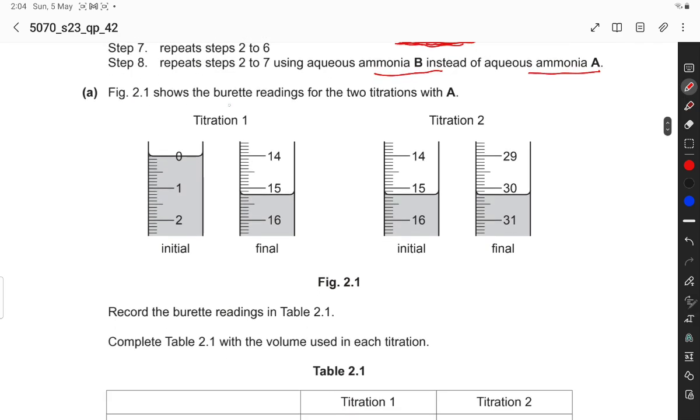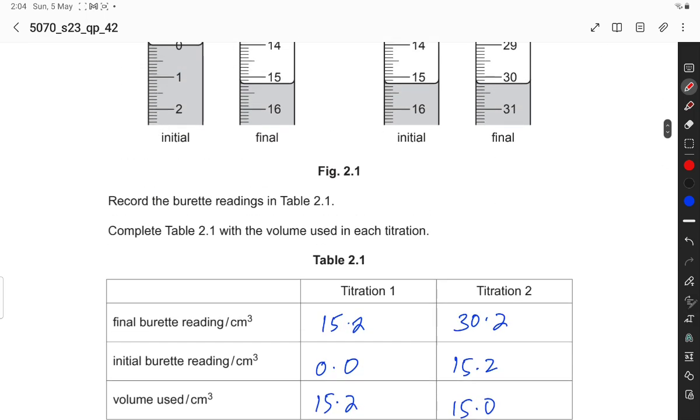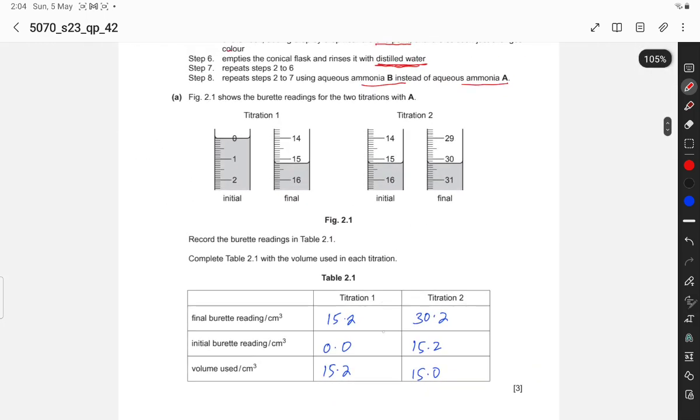Figure 2.1 shows the burette readings for the two titrations with A. 15.2 is the final burette reading and 0.0 is the initial burette reading. The volume used is 15.2. We get this volume by subtracting initial from final.